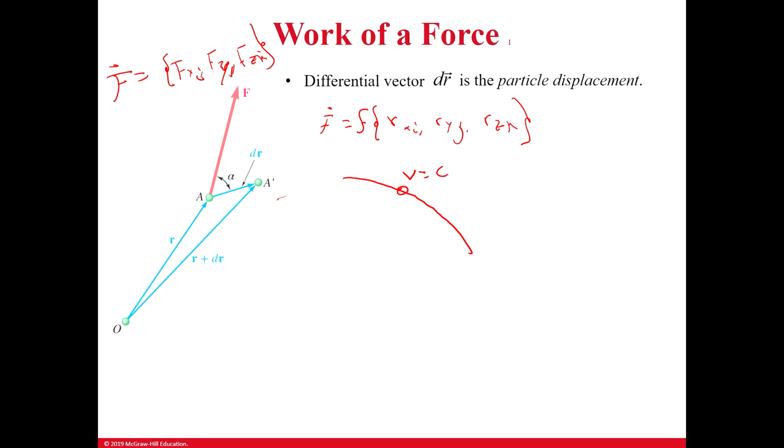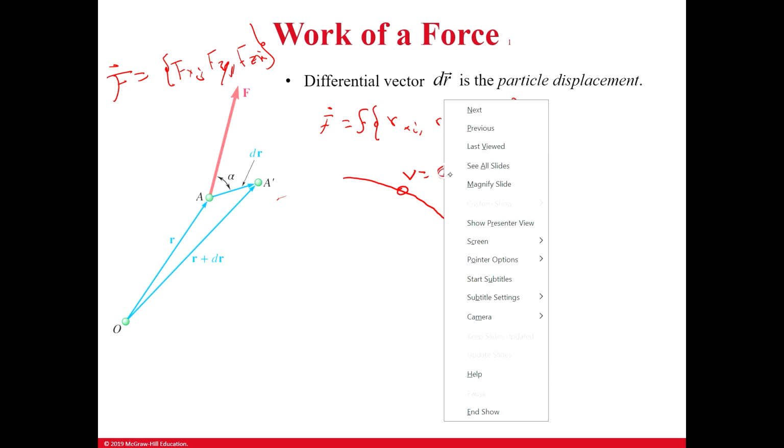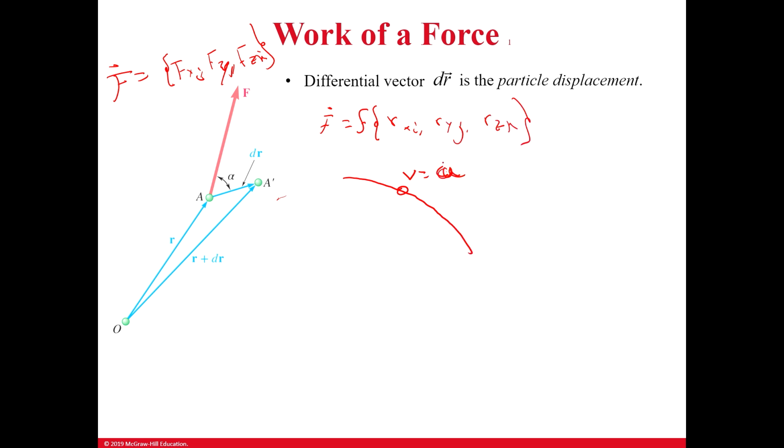Velocity could be a constant, not the speed of light, but some constant, say a. Okay, but since you're changing direction, then you have an acceleration. This is a bad example because a stands for acceleration. So let's say velocity u. Okay, your velocity is u, but you're changing direction.